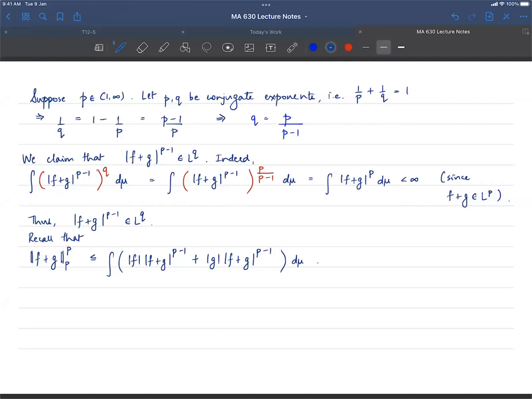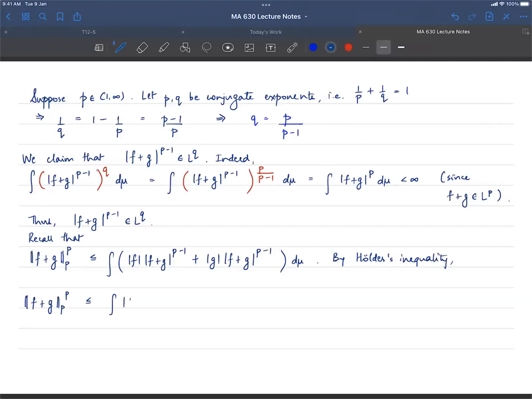Now I'll use Holder's inequality and I will say that this guy is an LP. This guy is an LQ. So its product is an L1. And the integral of this product is less than or equal to the LP norm of this times the LQ norm of that. Similarly, this guy is an LP, this guy is an LQ, the product is an L1. So now, by Holder's inequality, what do we get? We get norm F plus G, the LP norm to the pth power, is going to be less than or equal to.